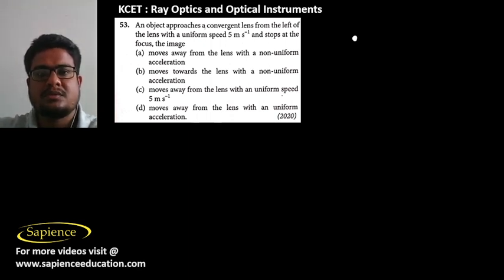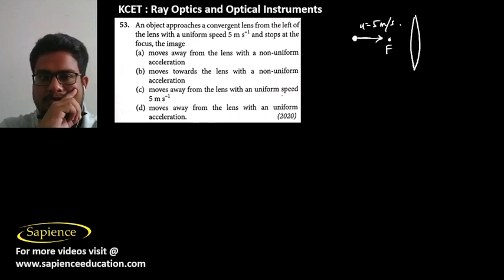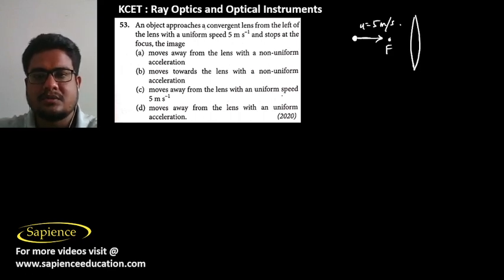Convergent lens means convex lens. It approaches with a uniform speed u of 5 meters per second and stops at the focus. Then the image will move away from the lens or move towards the lens.